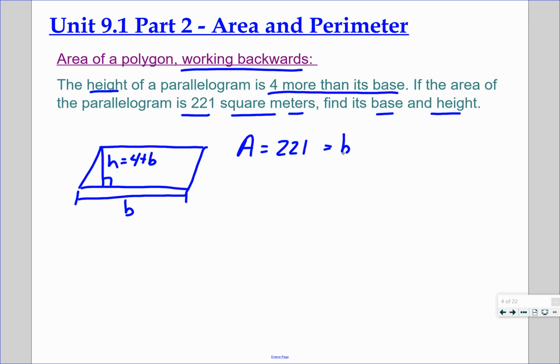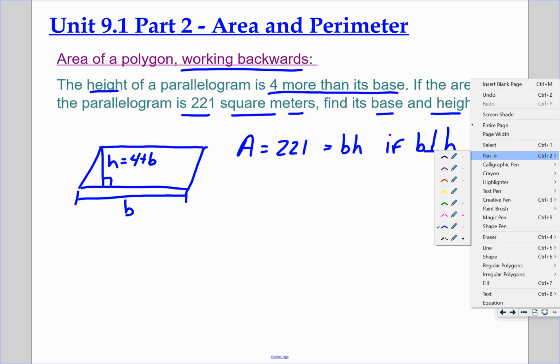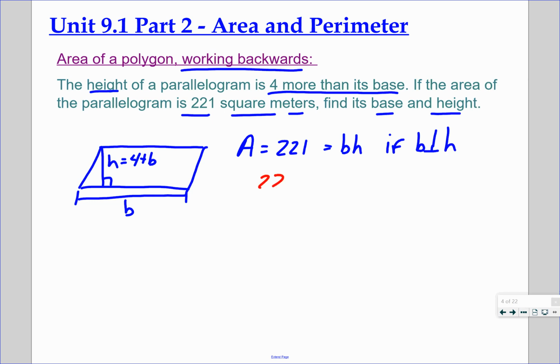We also know that area is equal to base times height if the base is perpendicular to the height. So let's go ahead and put some values in here. We know that the area, 221, should be equal to the base, some value we don't know, times the height, some value we also don't know, but we can write it in terms of our base.